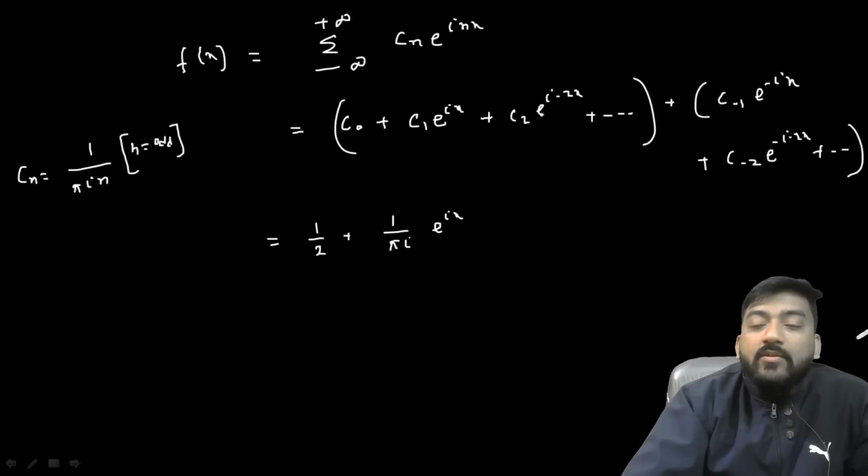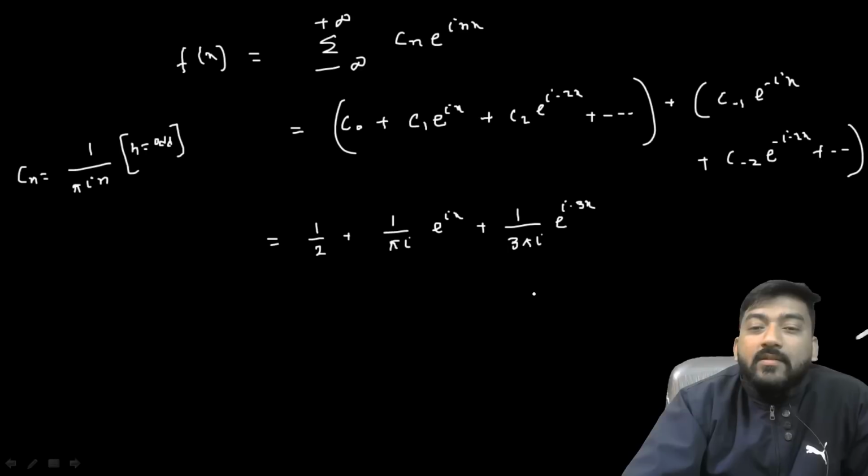But the even term will be 0. For the odd term, for 3 we will get 1 upon 3 pi i into e to the power i into 3x, plus dot dot.